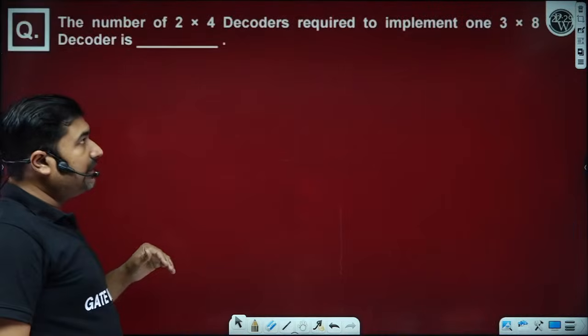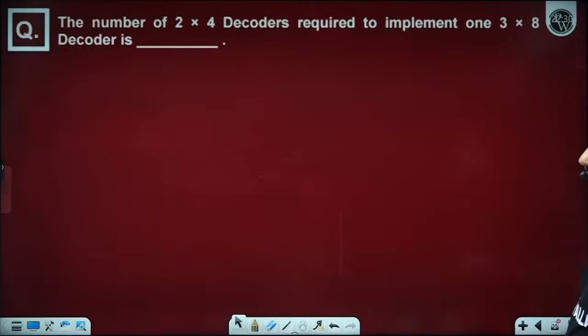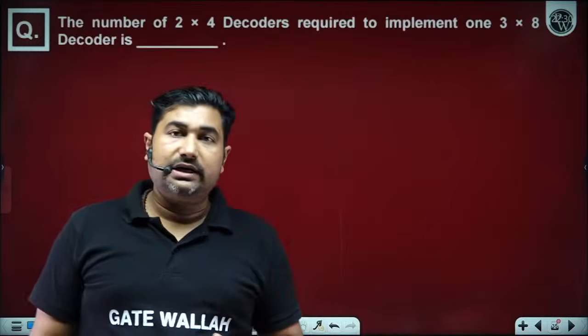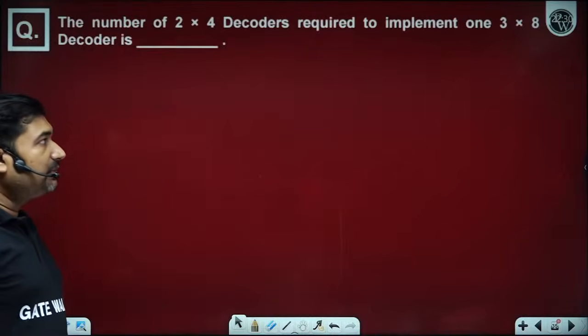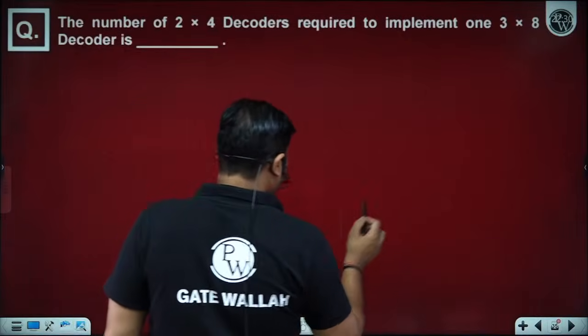Can we implement a higher order decoder by using lower order decoder? Yes, sir. We can implement a higher order decoder by using lower order decoder. So please write down: implementation of higher order decoder by using lower order decoder.